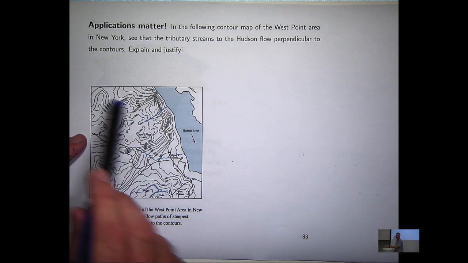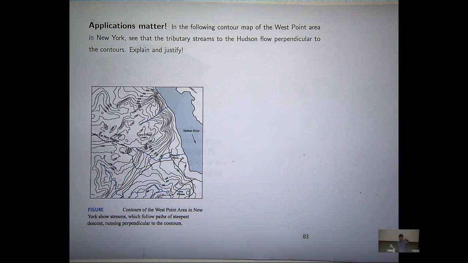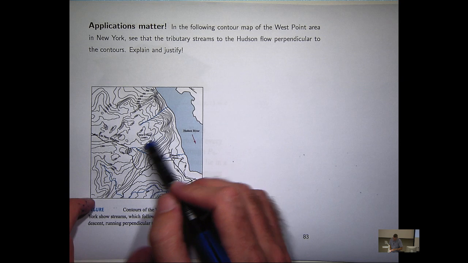Now, think of these lines here as level curves or contour curves. If you look closely at the map, it appears that the little tributary is running at normal, or perpendicular, to all these level curves.